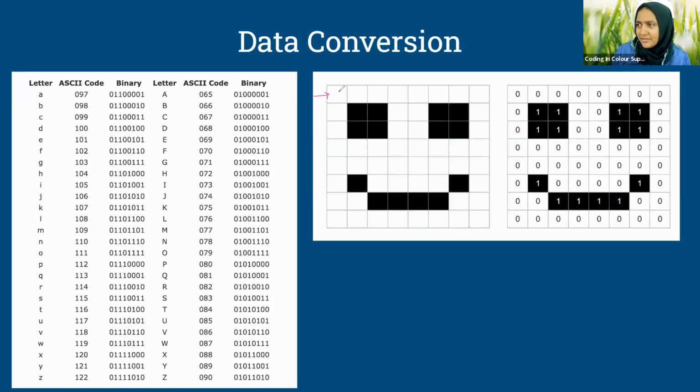It can say 0, 0, 0, there's nothing here. And when there is text or some drawing, here the eyes and the mouth, it's going to represent those boxes with ones. So that's what we see here on the right-hand side.